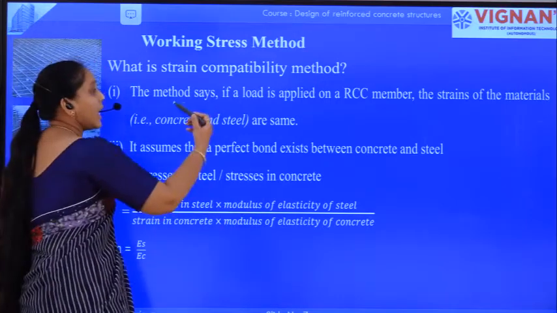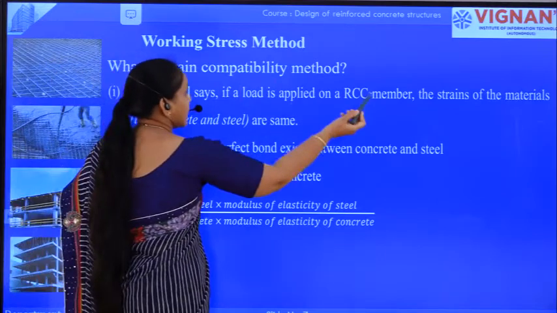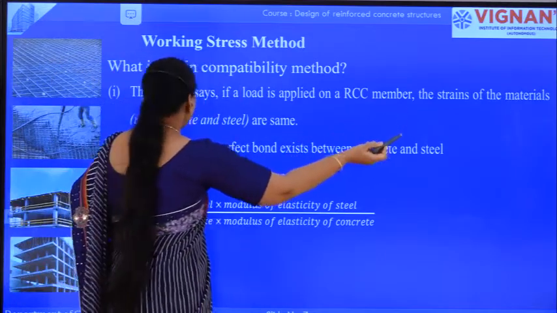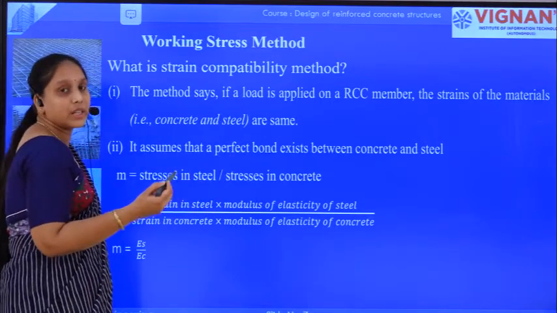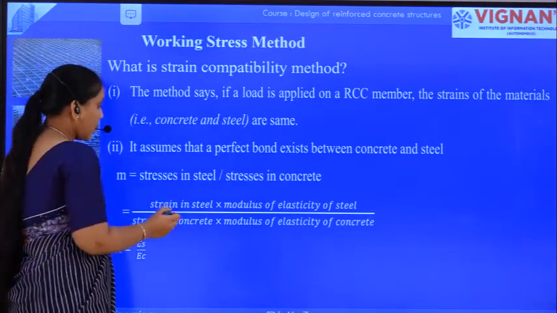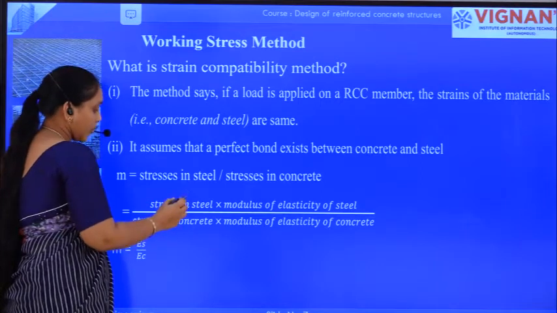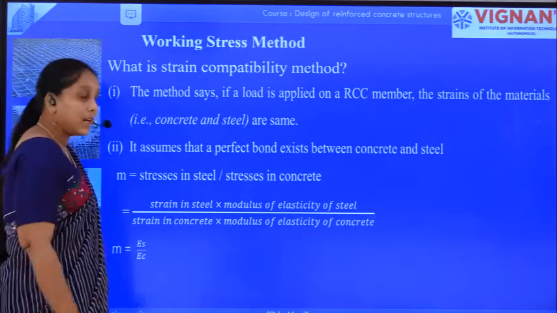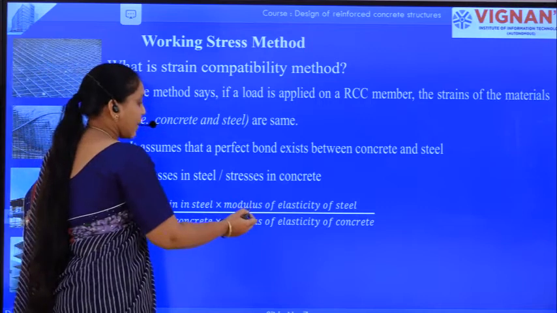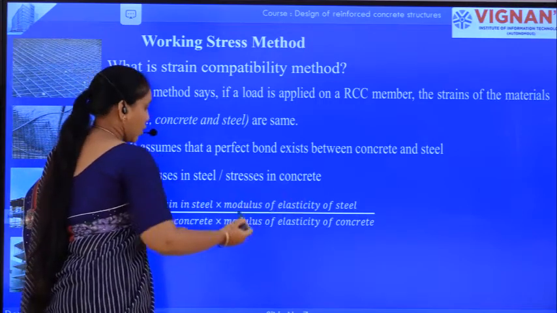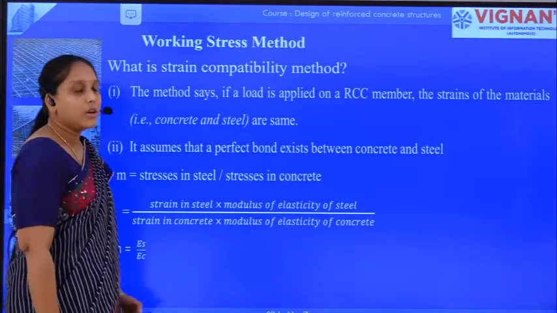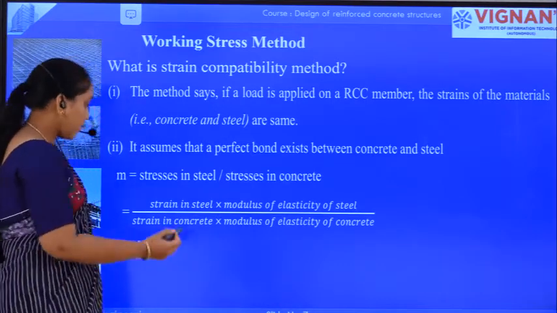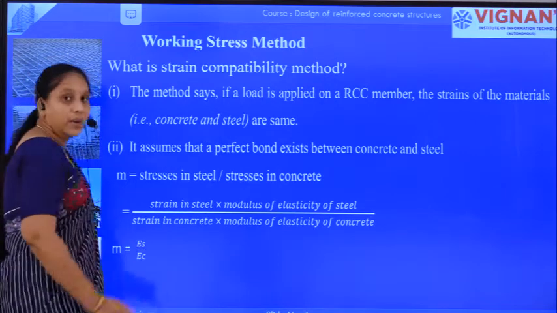In the strain compatibility method, the strains in the concrete and the steel are the same, so both cancel, and what remains is the modulus of elasticity of steel divided by the modulus of elasticity of concrete, which gives Es by Ec.